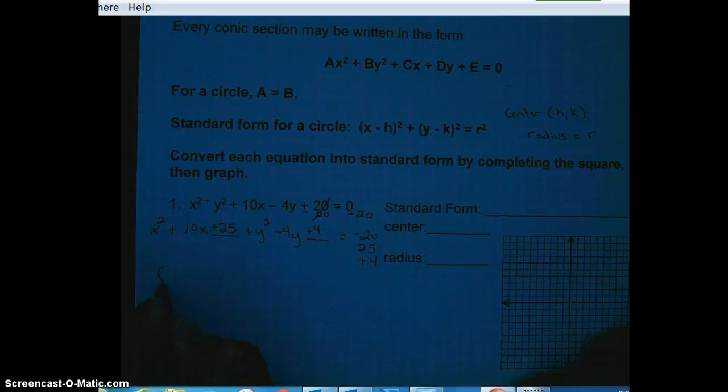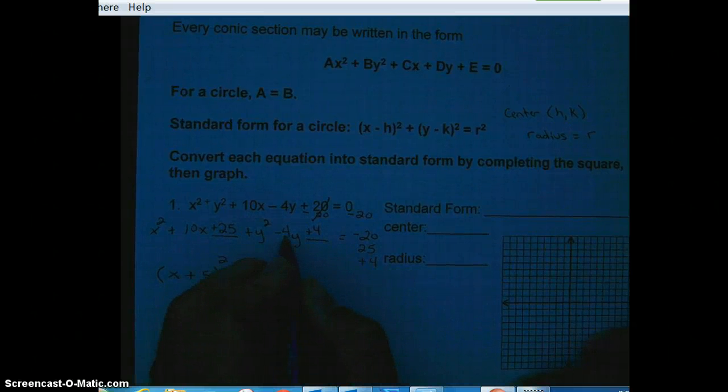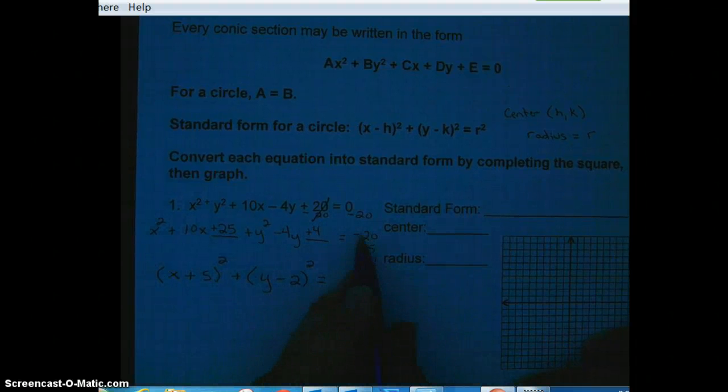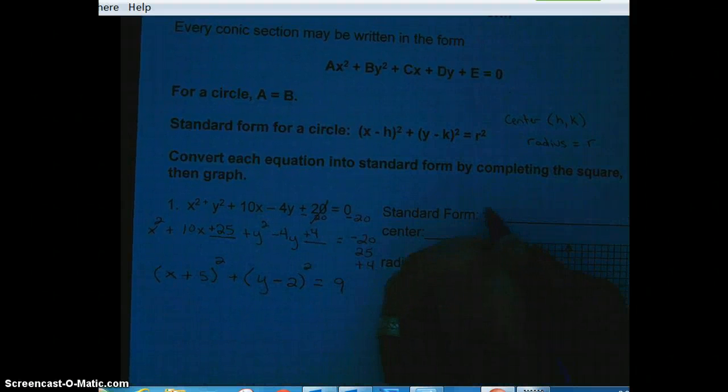So changing forms, we get x plus half of 10, which is 5, squared, plus y minus half of 4, which is 2, squared, equals, and let's add this up, 5 plus 4 is 9. So there's standard form.